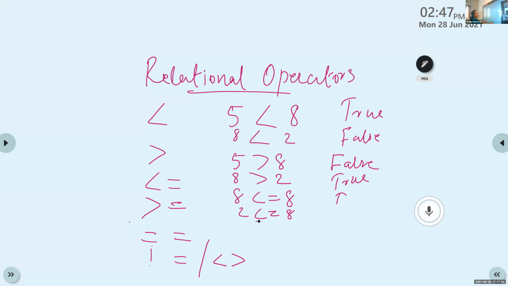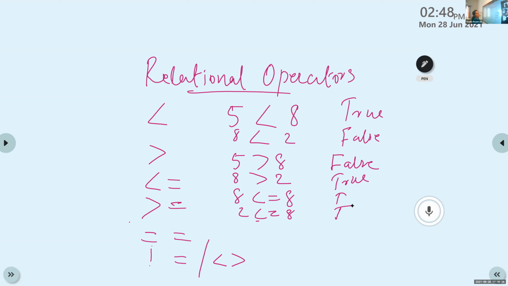Here 8 is equal to 8, so the condition is true. The next statement, 2 less than or equal to 8. 2 is less than 8, which is again true. So the answer is true.